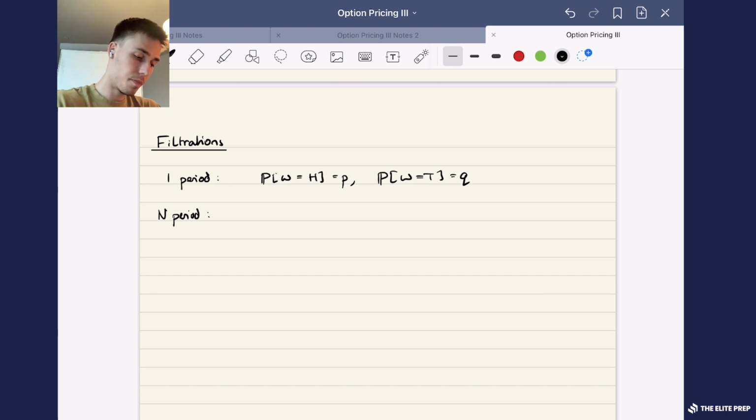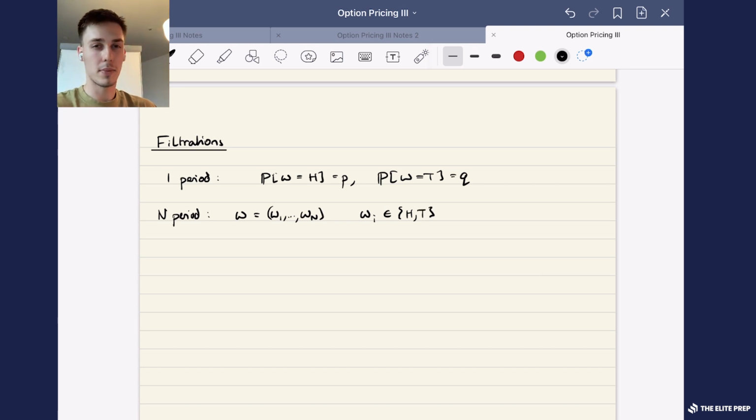So now, instead of omega, we have omega equal to omega_1 to omega_n, where each omega_i is either heads or tails. In our case, we're going to simplify it a little bit and say that each omega_i has probability P of being heads and Q of being tails.